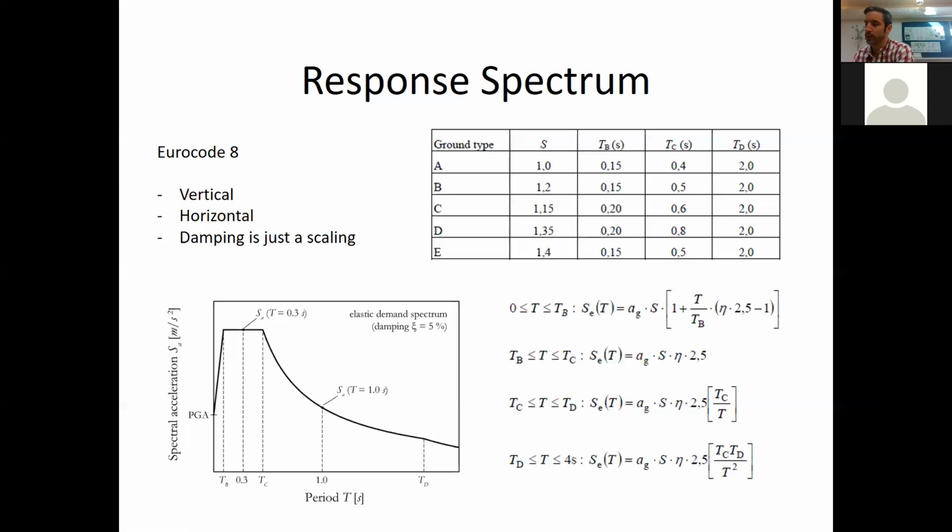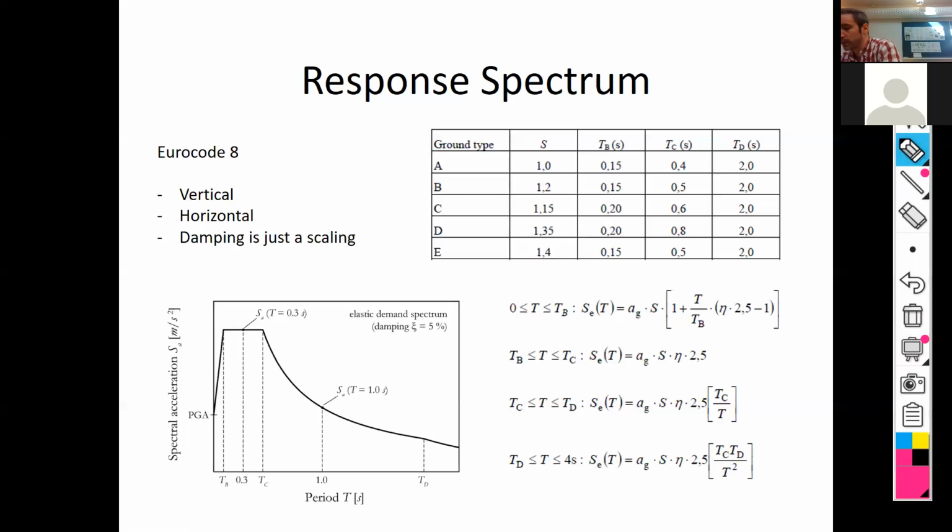If you have K as a matrix, then you have to decompose it using the modal decomposition into a bunch of modal stiffnesses and a bunch of modal masses.